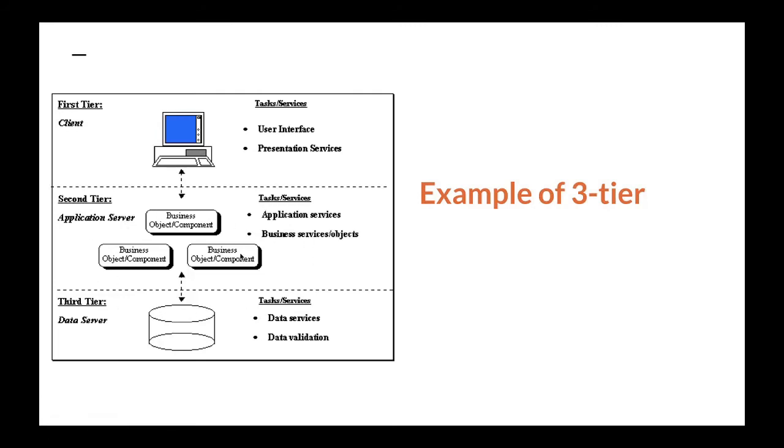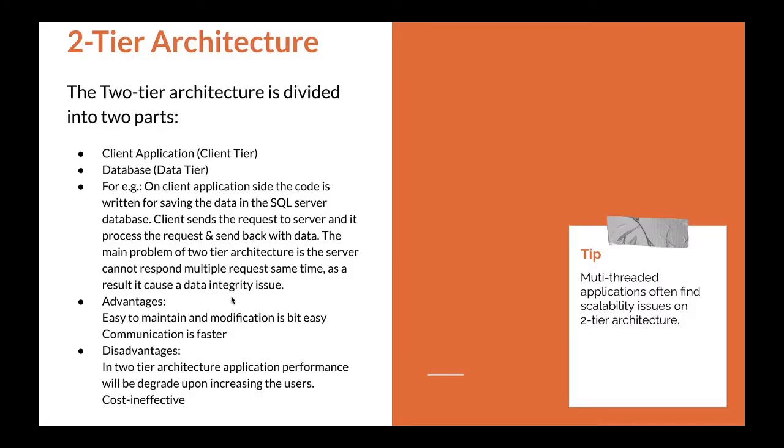The application layer will be responsible for all the business logic, like what to do when a request comes. Then there will be a third layer, usually known as the data layer or database, which will be responsible for handling, saving and providing data back to the application layer, which can then be processed. So this is a simple example. In this 3-tier, the first tier is the client, and the second and third tiers together form the server.